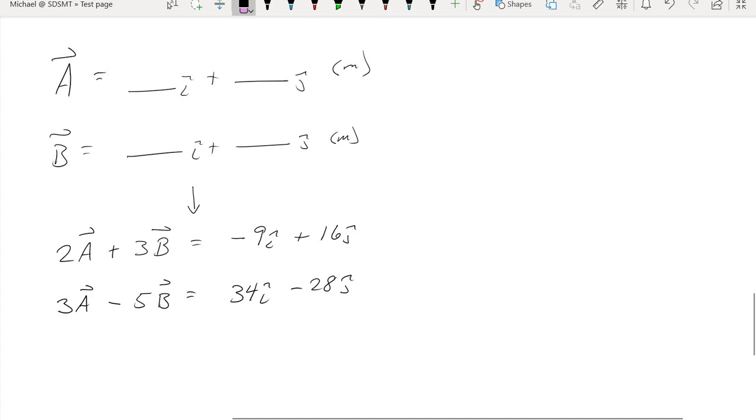But if I combine everything on the left-hand side, I'm not going to eliminate one of those unknowns. If I add the two left-hand expressions together, I would get, what is that, 5a minus 2b, and then that would equal whatever combination I got from adding the i's and j's on that side.